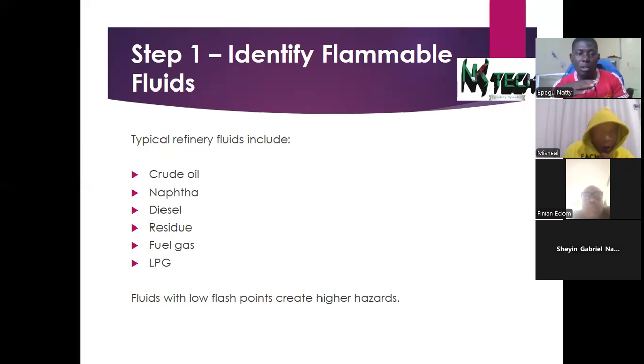But I think the most severe one is your gas, your methane gas, right? Then if you are going for a refinery, you are still going to be having crude. Then your products: you have naphtha, diesel, residue, fuel gas, LPG, kerosene and other products.